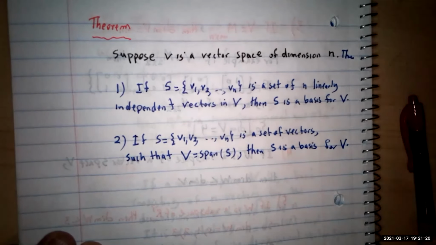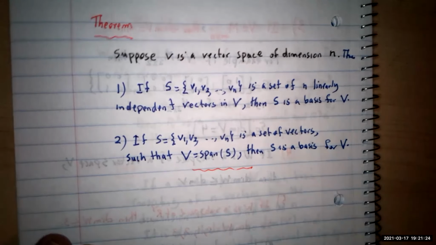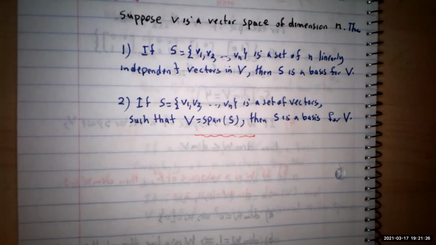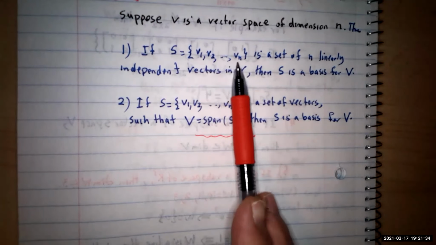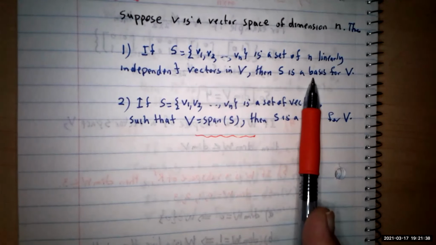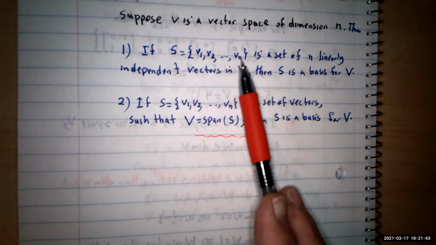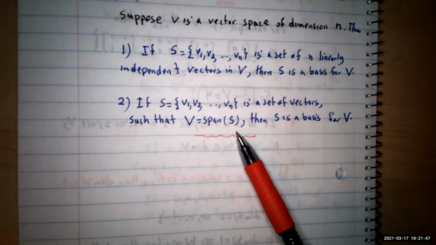I'm not going to prove it; you can check it yourself. That would be helpful if you want to prove that a set is a basis. You have two choices: you may prove that they are linearly independent, or you may prove that they span.